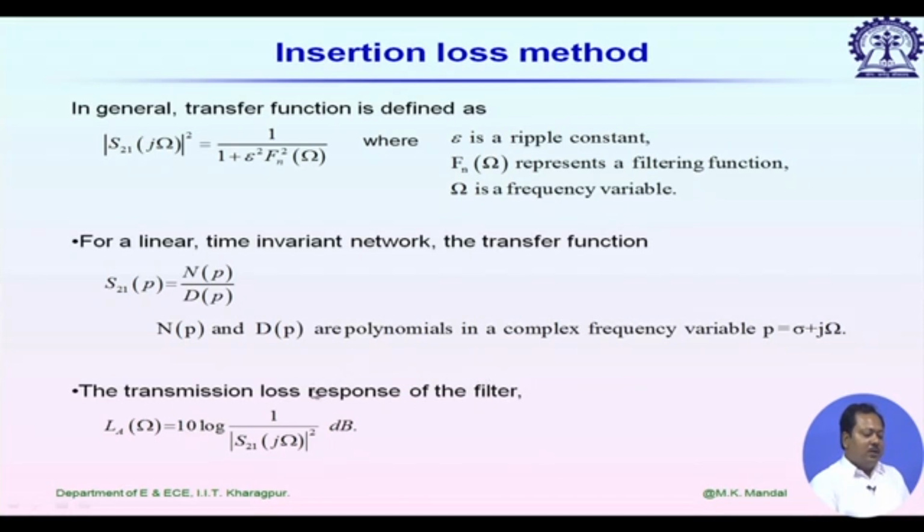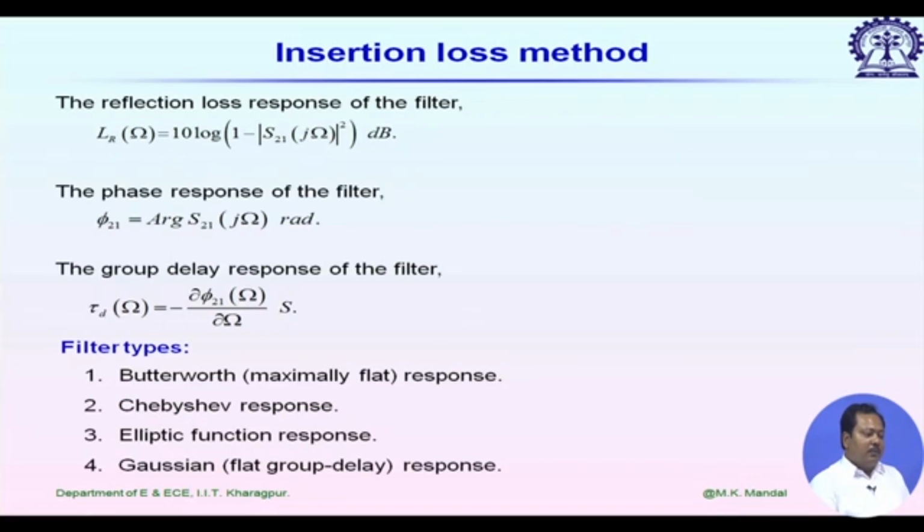Then we can define the transmission loss response of the filter. If we have S21, from that we can calculate the loss, which is a positive quantity. It is equal to 10 log of 1 by magnitude of S21 squared, in decibels. Once we have the transmission loss, which represents the power loss from port 1 to port 2 of a 2 port network, we can easily calculate the reflection loss for a lossless network.